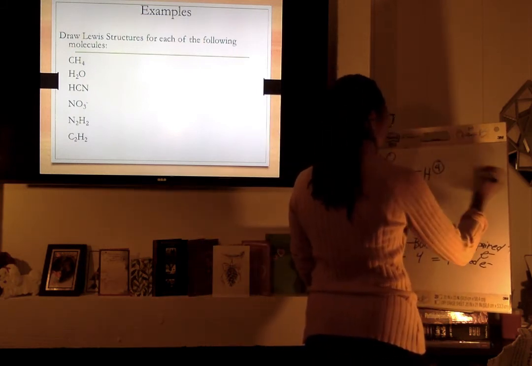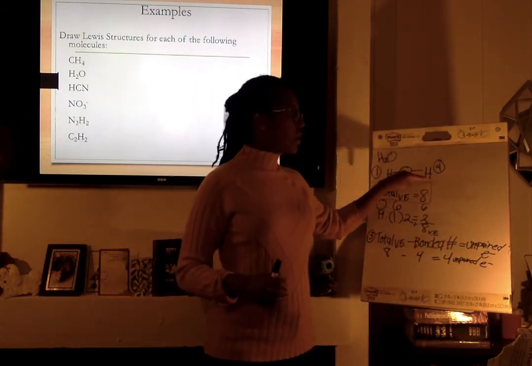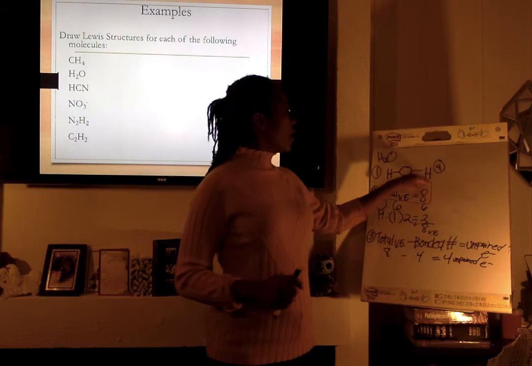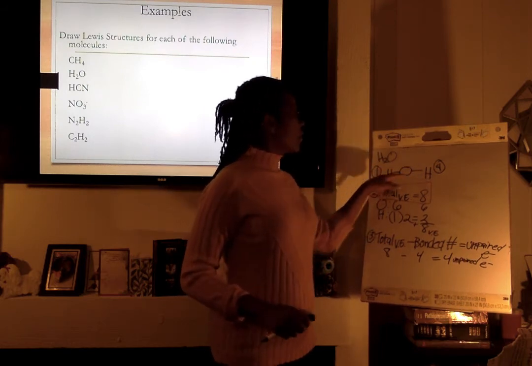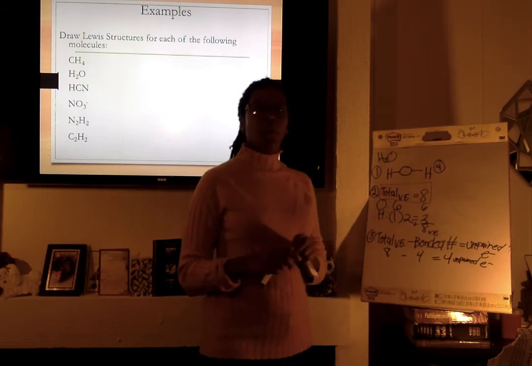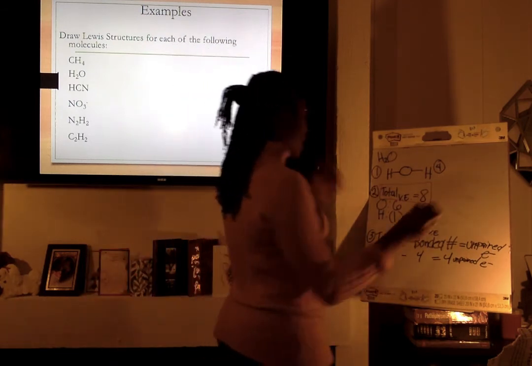So first of all, we know, usually, you would start with putting your electrons on the ends, like I said. But here, since we know that these are terminal, they're already happy, we're going to add our electrons immediately to the center, okay?